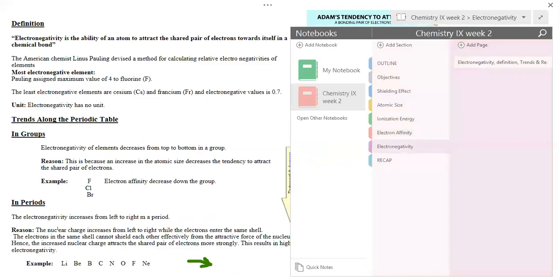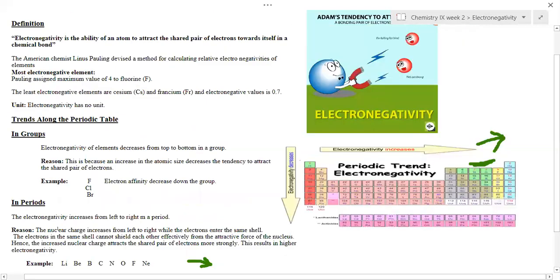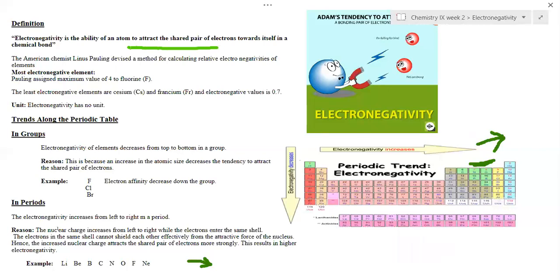We are going to move to electronegativity. Electronegativity is actually related to electron affinity. It is attraction towards electrons, but this time it is the attraction of a shared pair of electrons, and it happens in compounds, bonded molecules.